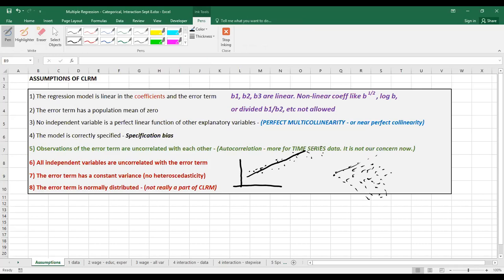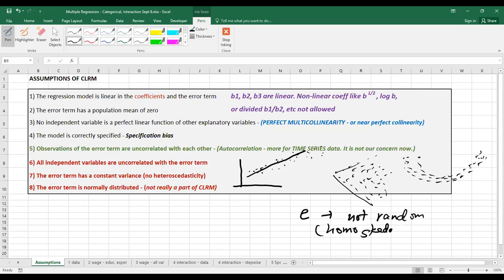Lumalaki yung variance. This is also a problem which we call heteroscedastic, no? Or another pattern could be like this, no? Pag ganyan yung error terms natin, may problema tayo sa modeling natin kasi hindi random to. These error terms are not random. Kailangan yung error terms natin random siya, or what we call as homoscedastic, no?